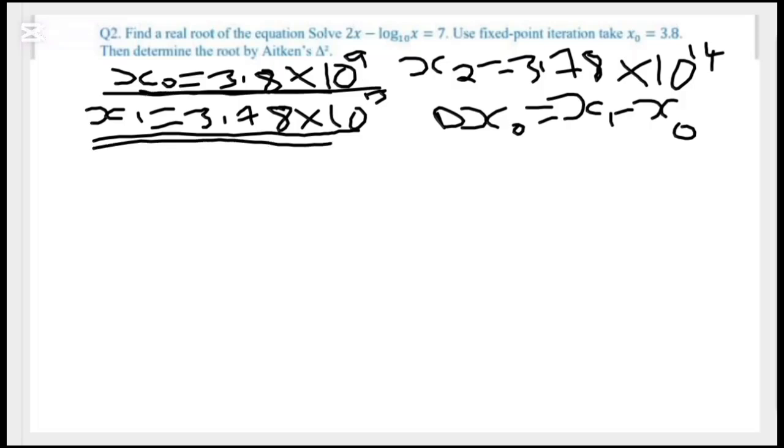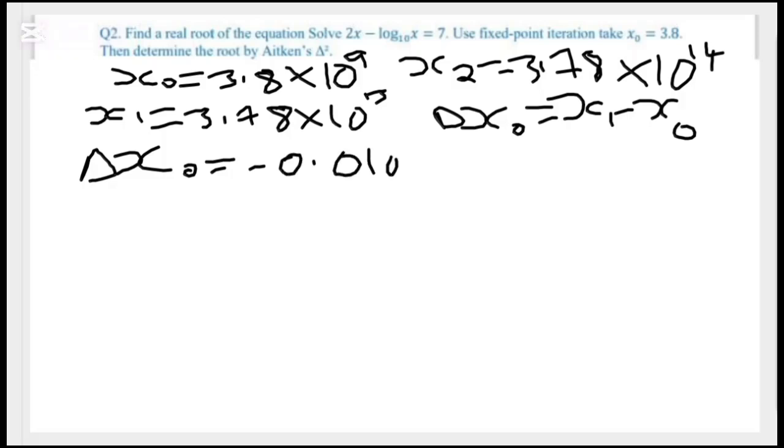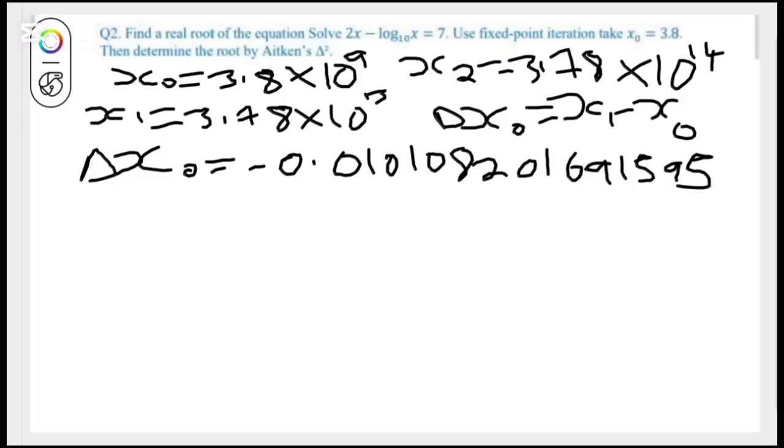So what are we going to get? So at the end, my dx0 will be negative 0.0101082016915995, and then I'm going to find dx1.